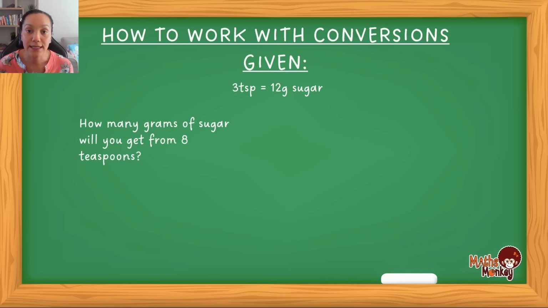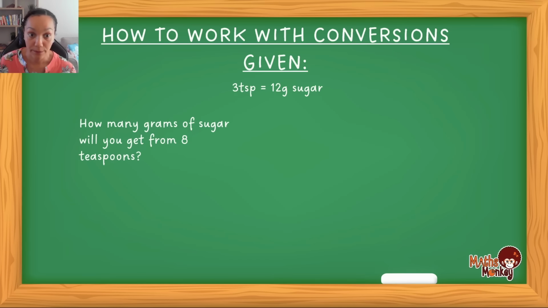Again, this is a given conversion, and you are being asked a question where one of the units has changed. So if I look at the question, it says 3 teaspoons, 12 grams, and what they want to know is what 8 teaspoons is. 8 teaspoons is already more than 3 teaspoons, so we know that my answer needs to be more than 12 grams. So how do we do this calculation?